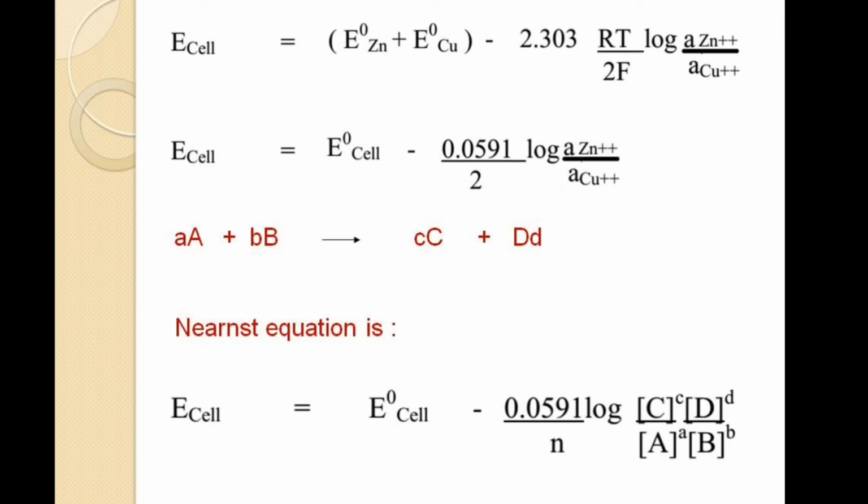So the Nernst equation for this general type of reaction is written as E cell is equal to E0 cell minus 0.0591 upon n log to the base 10 concentration of C raised to power c into concentration of D raised to power d divided by concentration of A raised to power a into concentration of B raised to power b. So this is all about the Nernst equation for a half cell and a complete cell.